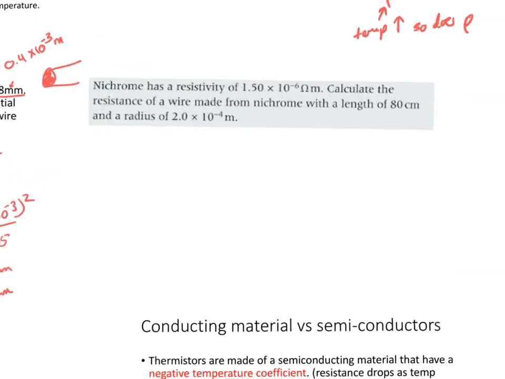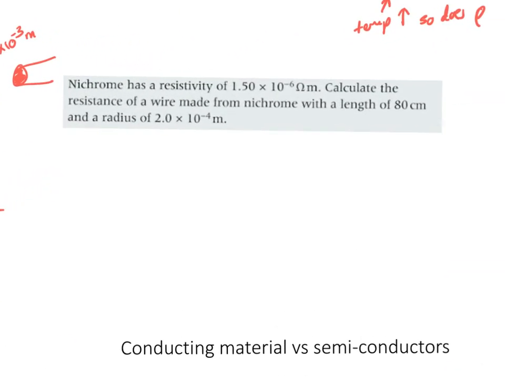It's quite a similar question here, but in this case, we're asked to calculate something else. It gives us the resistivity of a wire. It's telling us to calculate the resistance when the length is 0.8 meters, and this is the radius. So once again, area is pi r squared.